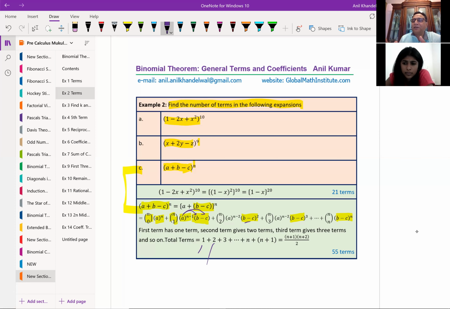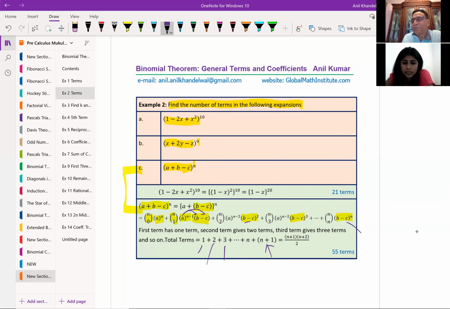When you expand a binomial, you get three terms, right? So we get three terms here. And likewise, in this series, the last will give you n plus one terms, because the binomial has power or index of n, and we have n plus 1 terms.